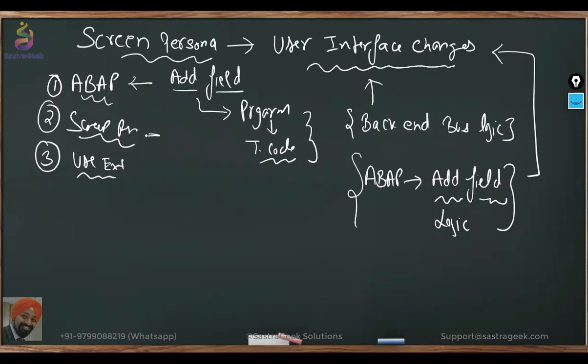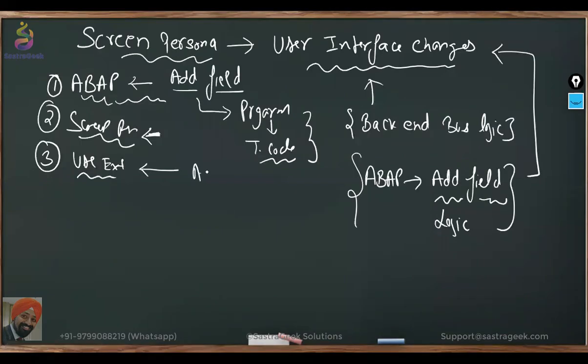Screen persona also, the field first needs to be available. The field would be available through ABAP, or you can get it available through the user extensibility. User extensibility also is a two-step. The first step which we have done is adding a field. In the second step, you would be doing your addition in the screen, which we have seen.